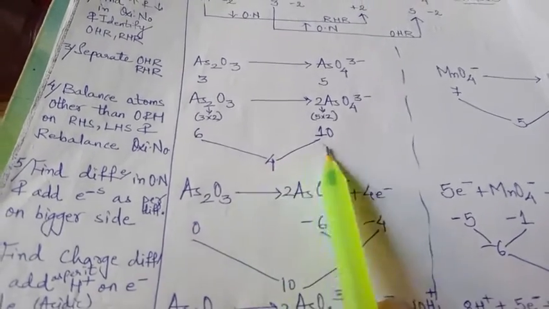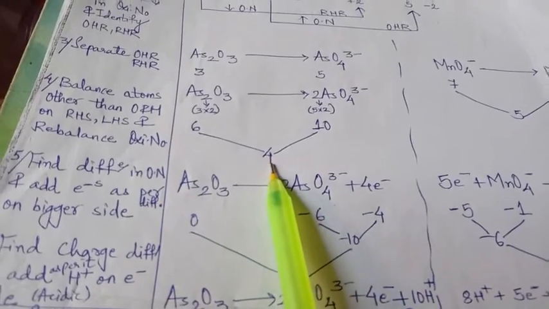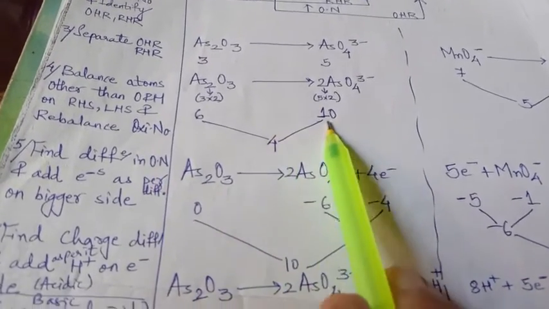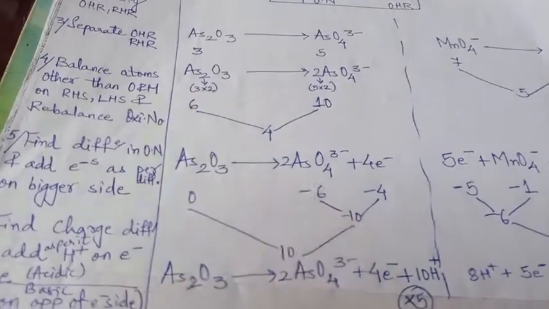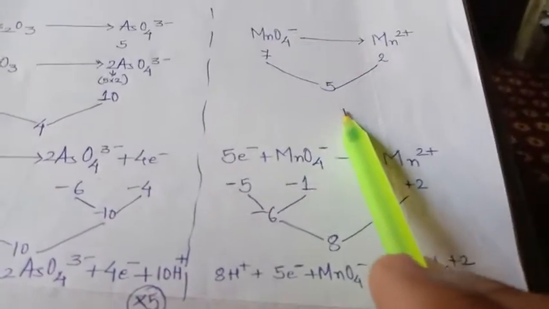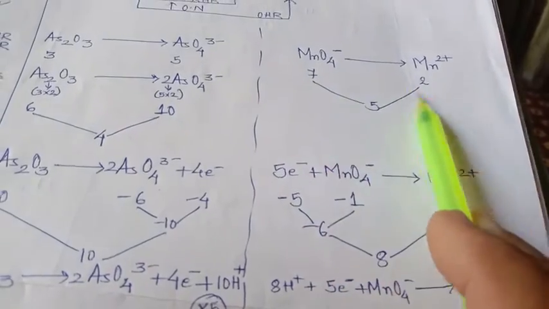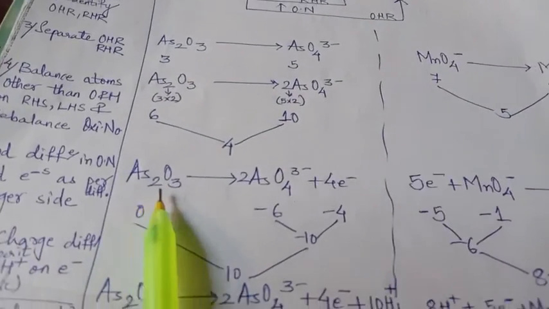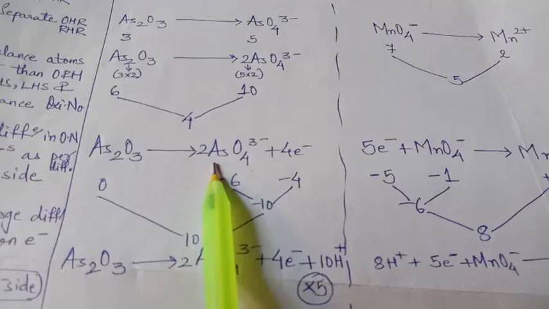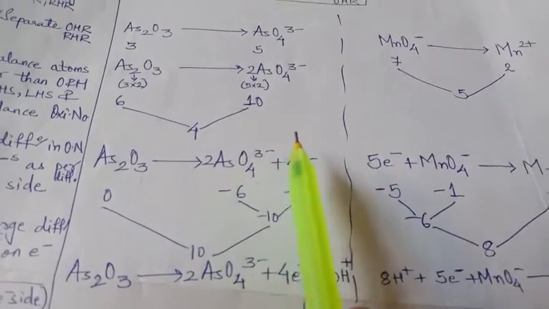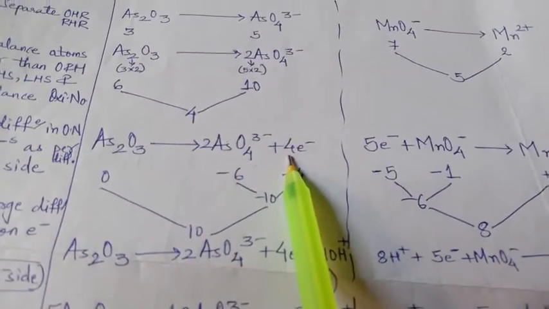It is the difference, 10 minus 6, 4. So I will add 4 electrons on the 10 side because 10 is bigger than 6. Here I will add 5 electrons on the 7 side because 7 is bigger than 2. So As2O3 gives 2 AsO4 3 minus plus 4 electrons.